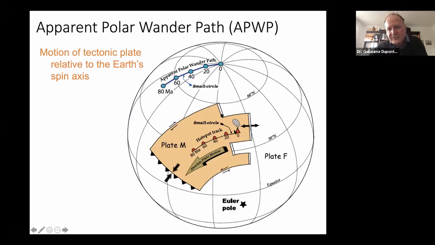Today, at 0 Ma, it's here. But 20 million years ago, when the plate was more to the right, this volcano formed, and since then it has moved to the left. You can do this for 40, 60, 80 million years, and this is what the trace would look like.